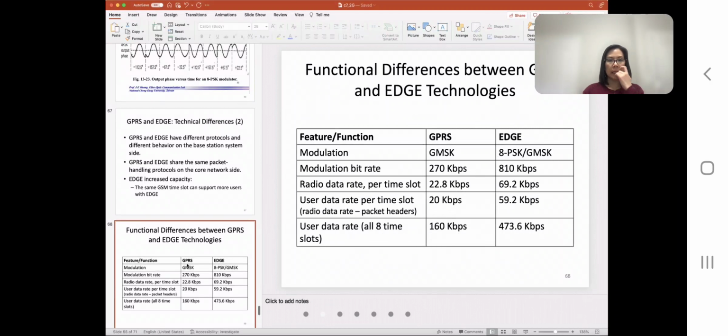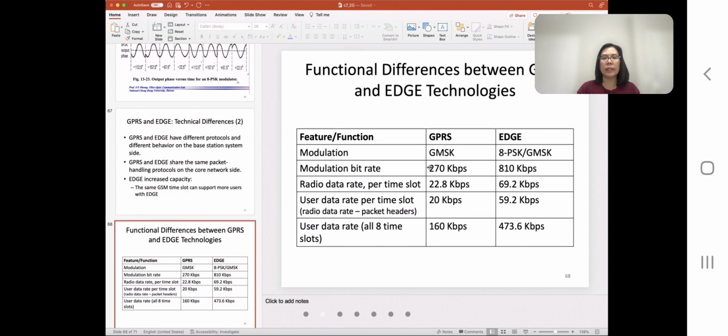And this is the comparison in terms of data rates. If we take a look at these numbers, the modulation for GPRS is Gaussian minimum shift keying, or frequency shift keying, and this is 8-phase shift keying.